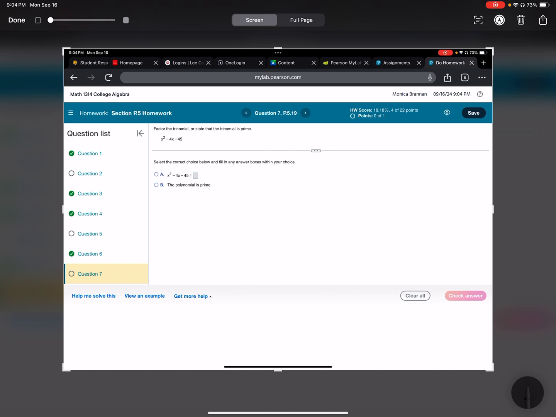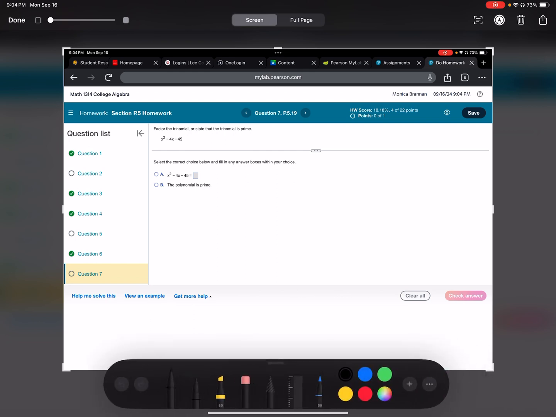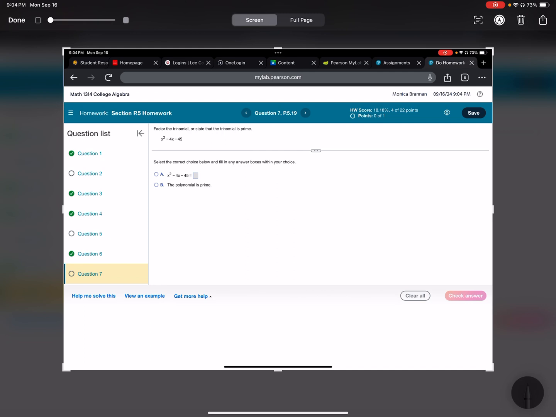Let me just edit the picture here. Okay, so we do have a leading coefficient of 1. All right. And we need to know what multiplies to be 45, and it needs to combine.